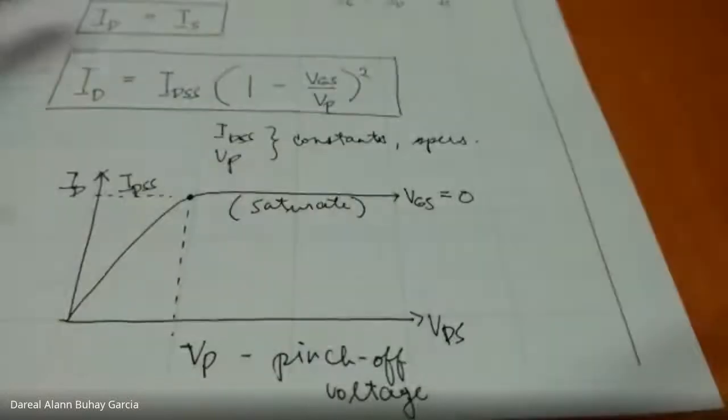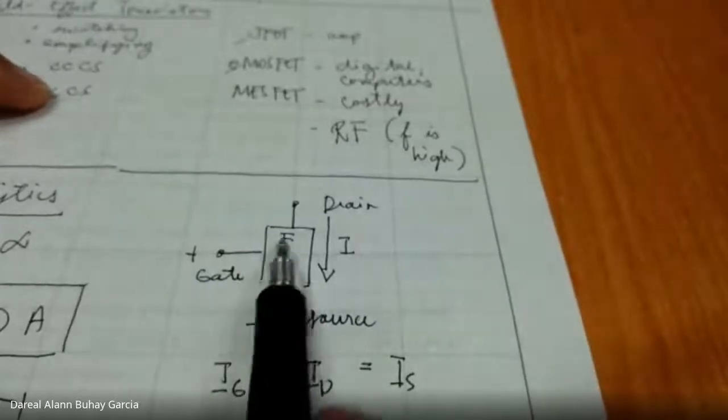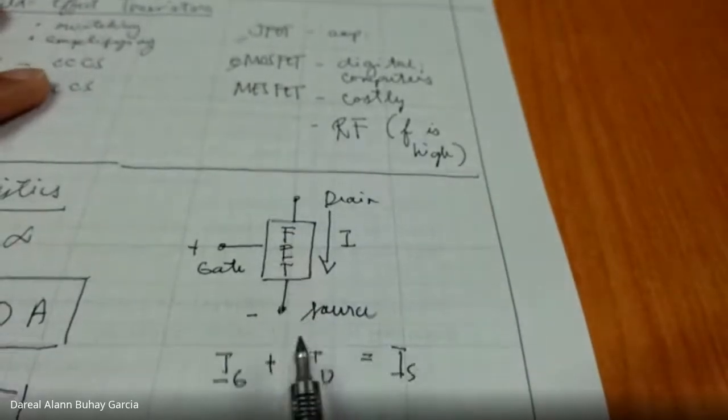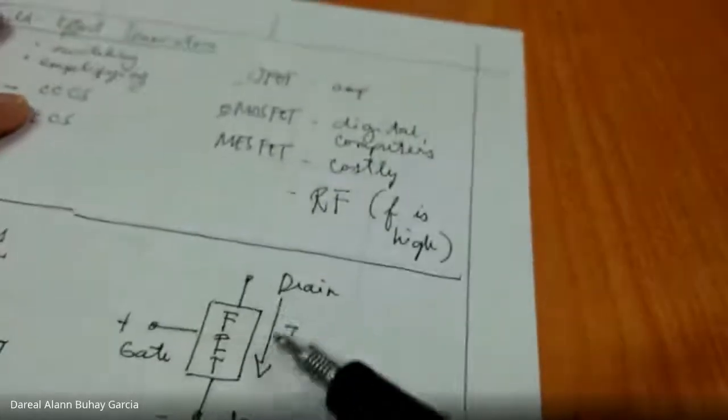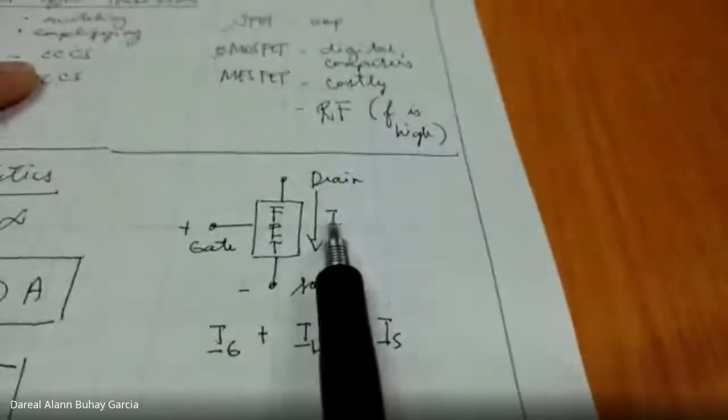So, summarizing everything, if this is a JFET, then I hope this coincides with your research. Normally, current is flowing in our device, specifically ID.